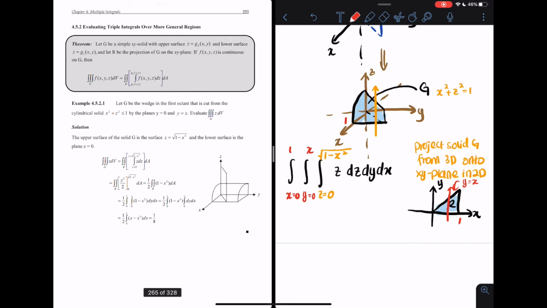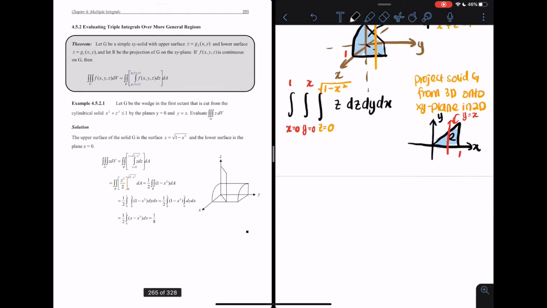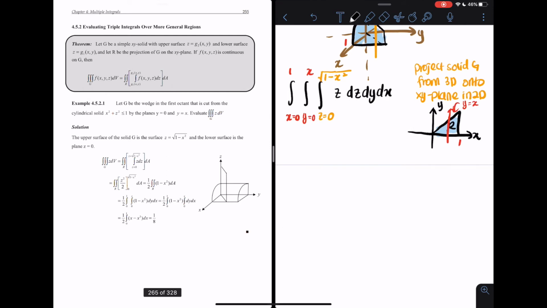I really hope you get the idea from this question. So let's try to solve this question together. I will get z squared over 2 and then evaluate from z equal to 0 until 1 minus x squared.